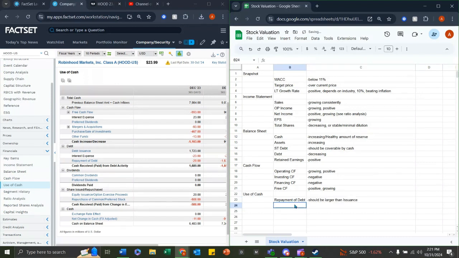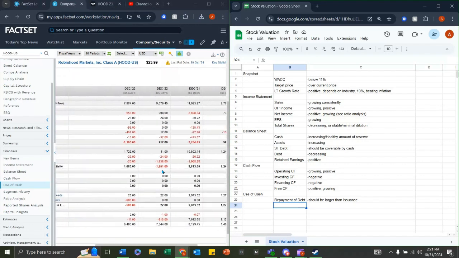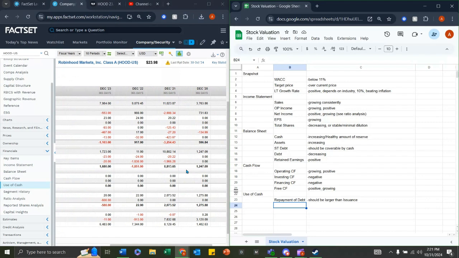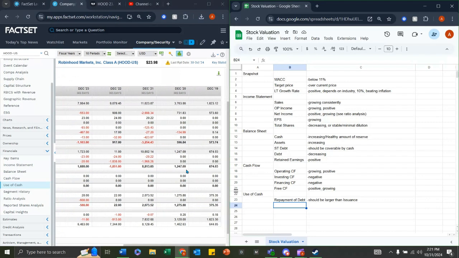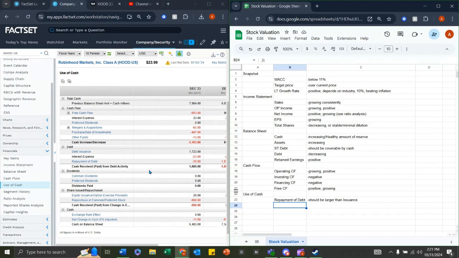Okay. That just means they're paying off more debt than they're taking out. So you can see here, last year, Robinhood did not do a great job of that. The year before they did, though, which is fantastic. Obviously, 2021 took out a lot of debt.